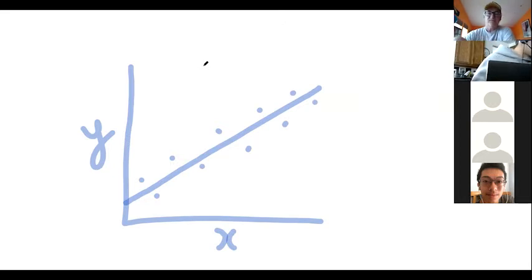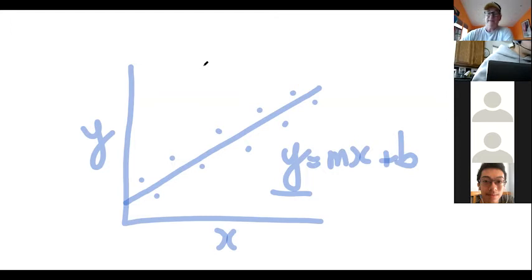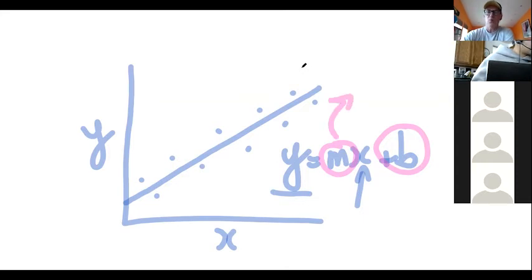So the relationship between X and Y is given by this particular equation, meaning we can determine the value of Y at any point by taking our value of X, multiplying it by this number M, and adding this number B. So what is M and what is B?